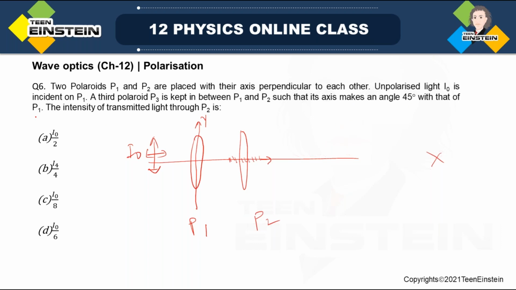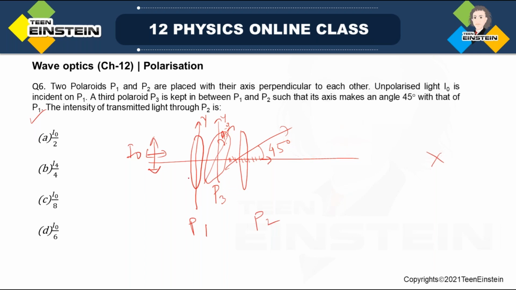So look, this may be 45 degree. This is another polaroid P3 which has pass axis making an angle 45 degree with the vertical or y axis. If this is 45 degree, along with this also it will be 45 degree here, right?